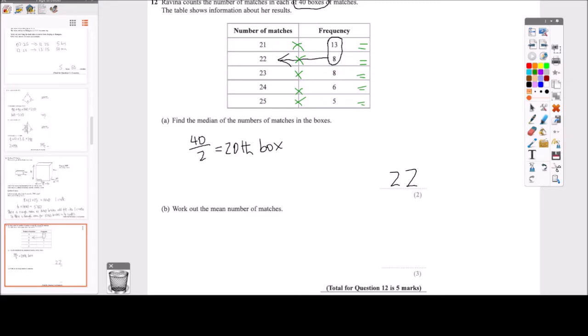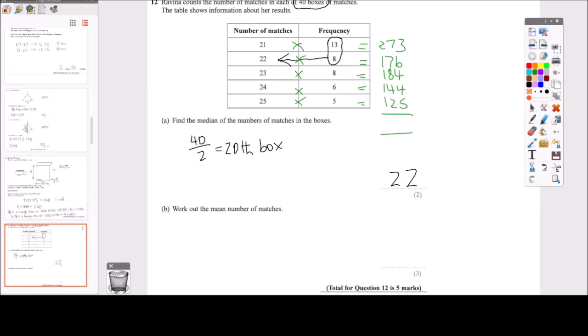So 21 times 13 is 273. 22 times 8 is 176. 23 times 8 is 184. 24 times 6 is 144. And 25 times 5 is 125.